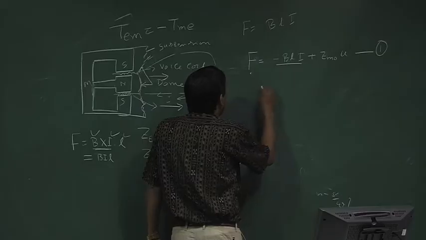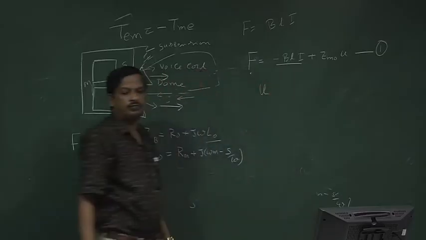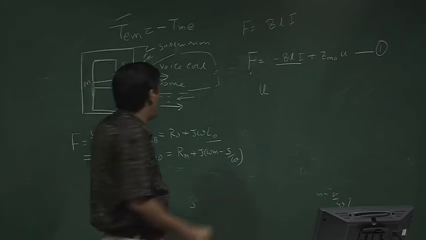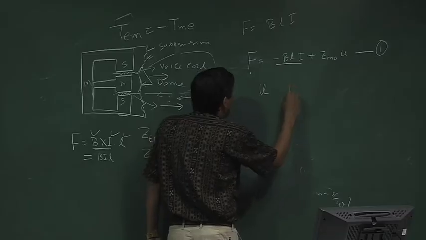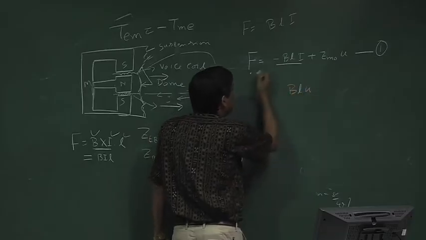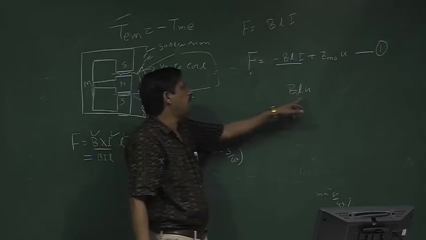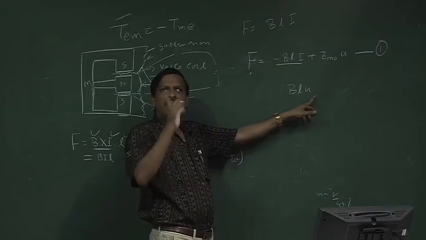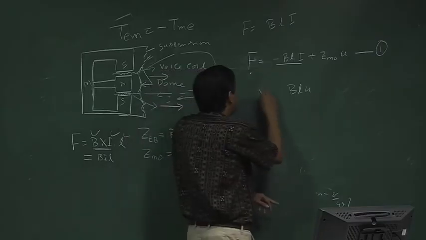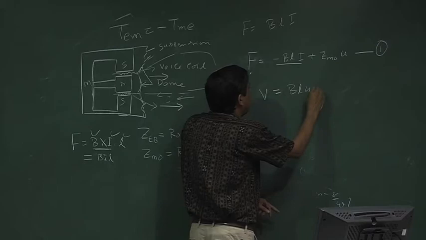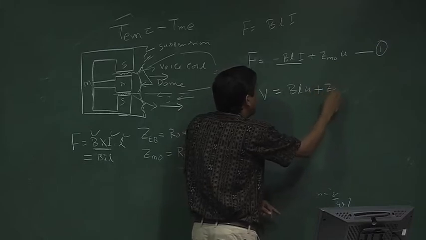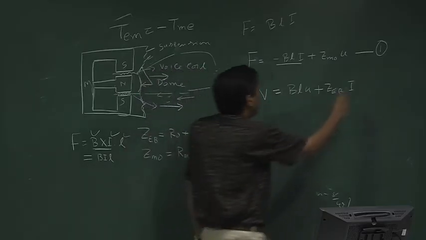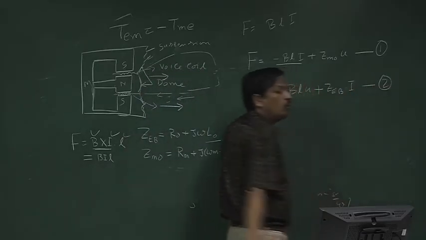If the velocity of the diaphragm is U, then the induced voltage on the coil will be BLU, which will oppose the electrical voltage. So, I can write V equals BLU plus ZEB into I. So, this is the canonical equation 2.